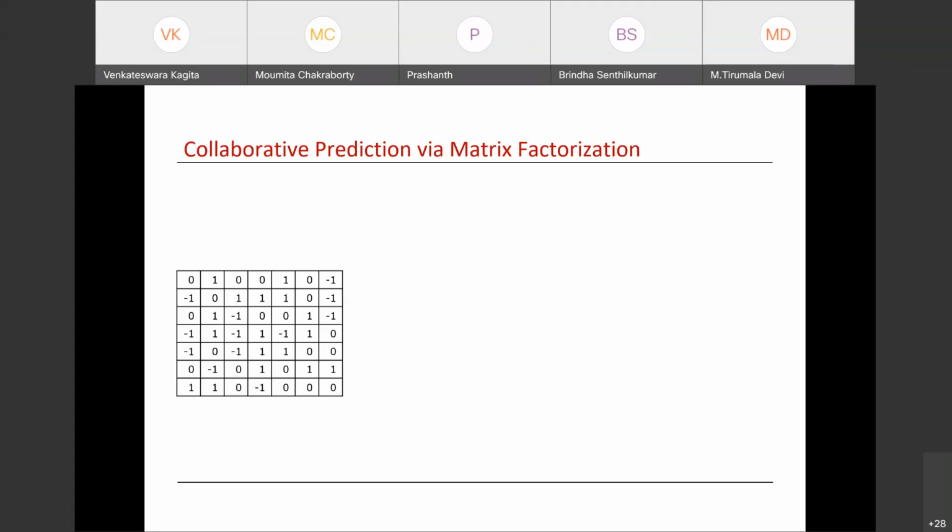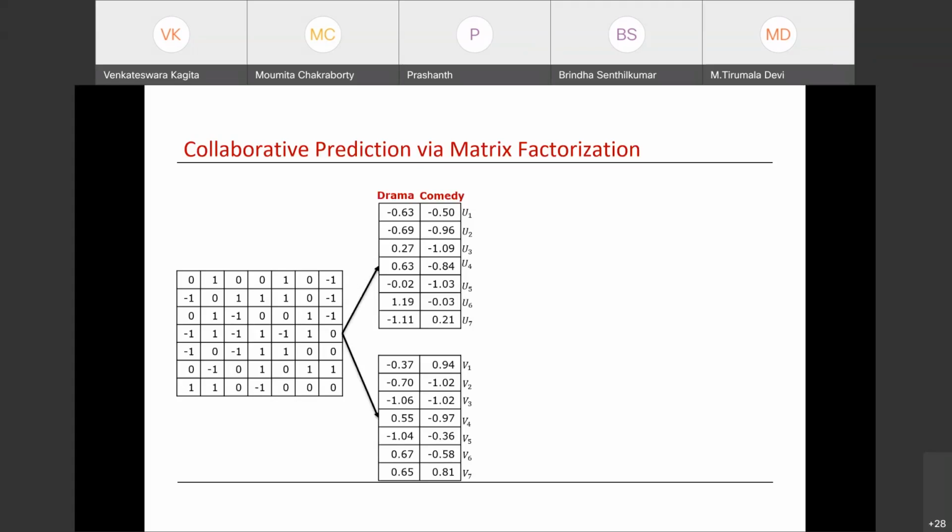When I find the latent factors of these two matrices U and V, each latent factor may represent some quality of a user or an item. We do not know what those qualities or characteristics are. For example, if I learn two latent factors, the first may be drama and the second may be comedy.